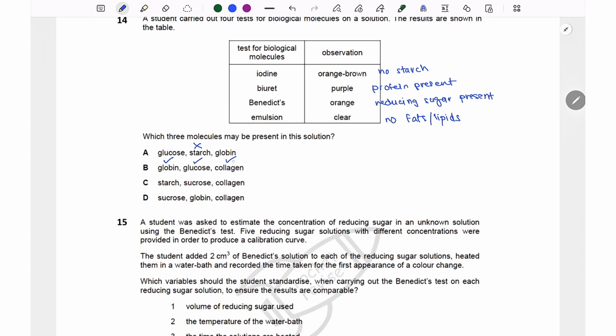And then collagen is a protein. And then C, starch is not present, so this would be wrong. B is our answer, but D is sucrose, globin, and glucose. Sucrose was not present because we only conducted the test for reducing sugars.